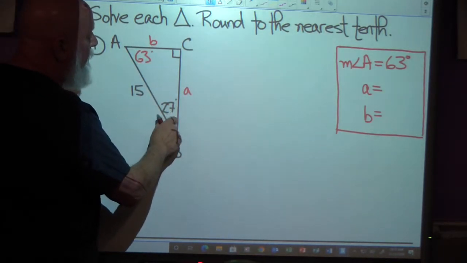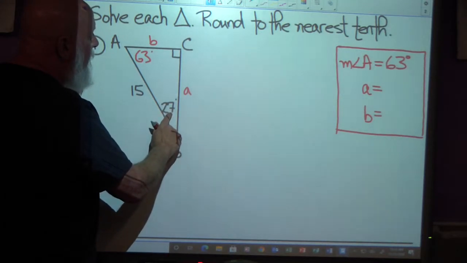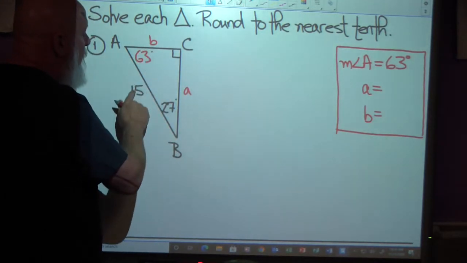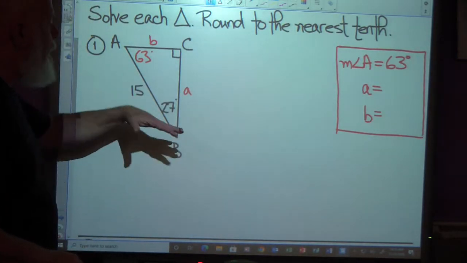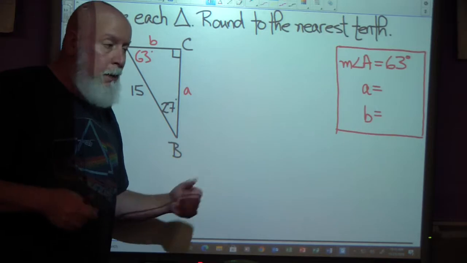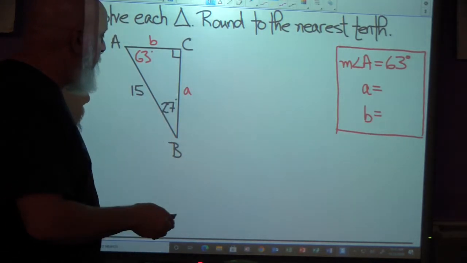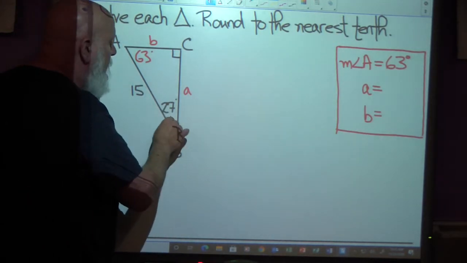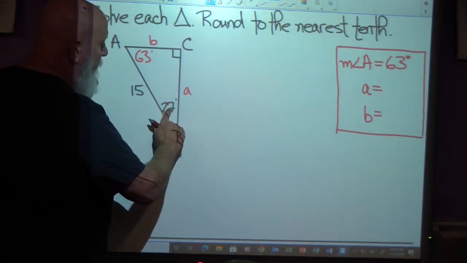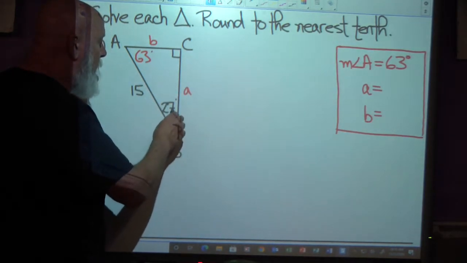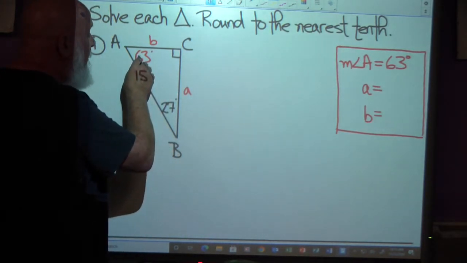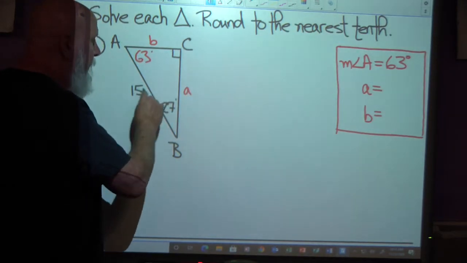From the perspective of this angle, 27, the sine of 27 would be B over 15, and the cosine would be A over 15. Since I'm going to find A first, though it doesn't matter which one, I'll use this angle and the cosine function. I can say the cosine of 27 degrees is A over 15, and that way I only have one unknown. I could have just as easily said the sine of 63 is A over 15.